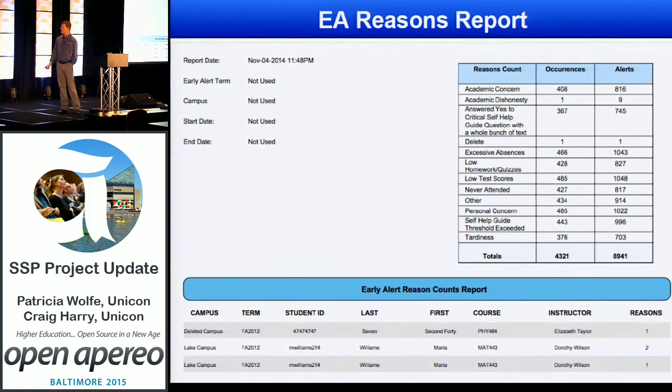A real nice report is this new early alert reasons report. So the reasons within the early alert portlet are customizable. And once that's done, the early alert reasons report will give the number of occurrences and the number of alerts for each of the configured reasons.